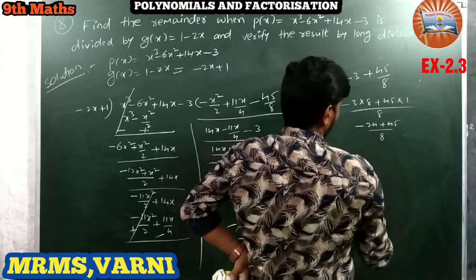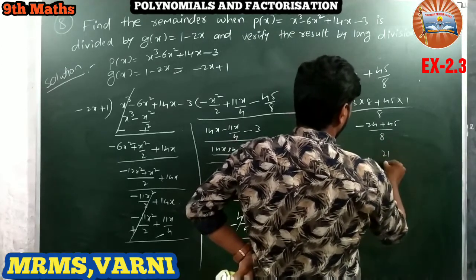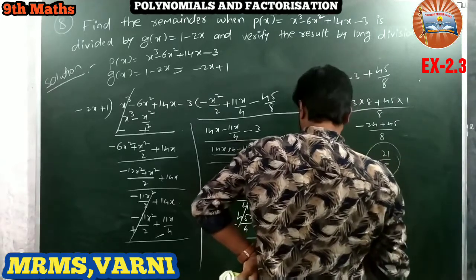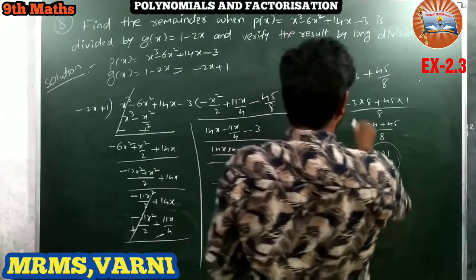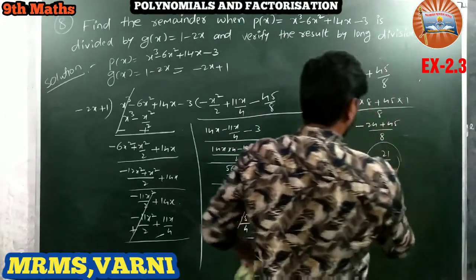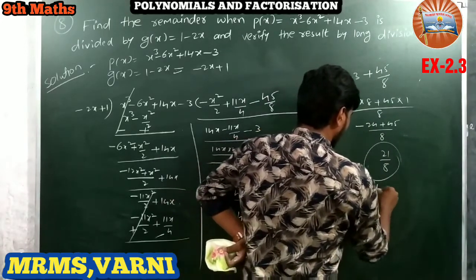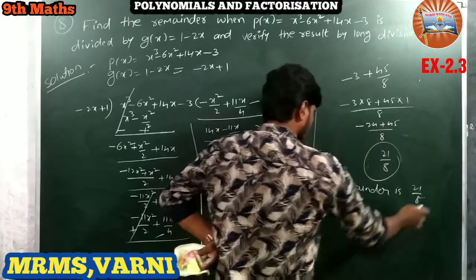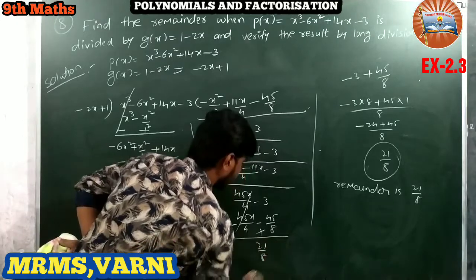So the remainder is 21 by 8. Okay, so we can write here 21 by 8.